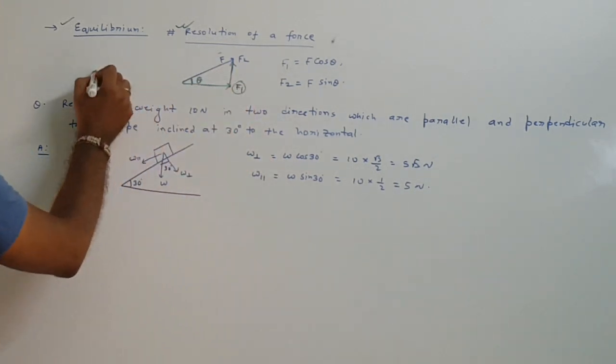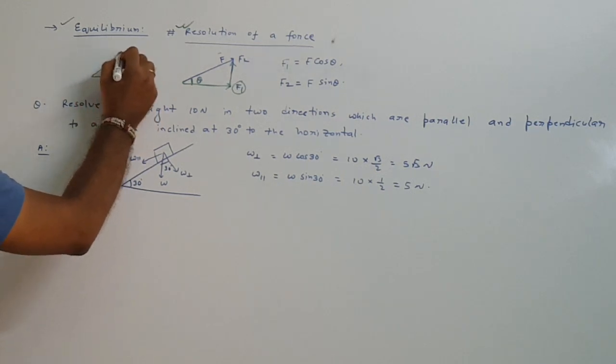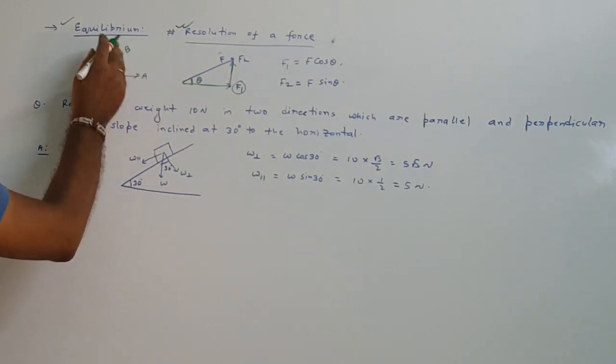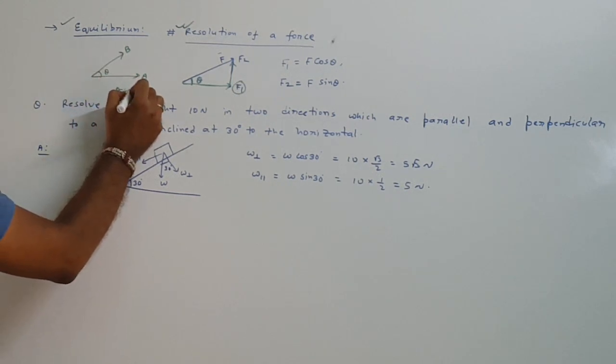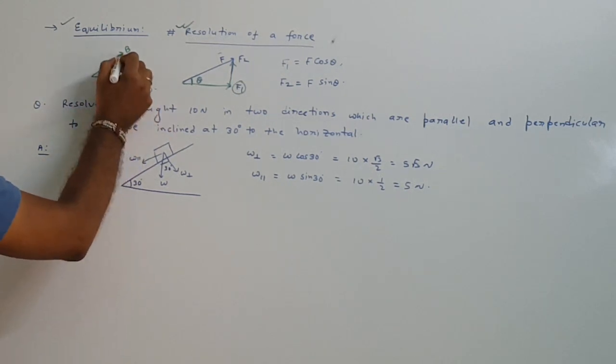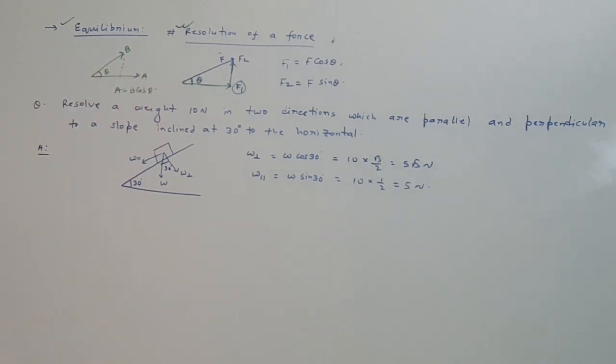From the vector concept we know, if this is A, this is B and this angle is theta, then A equals B cos theta. That is the component of B along A. If we want to find the component of A along B, then it should be A cos theta.